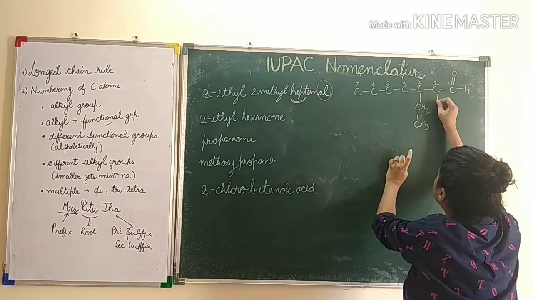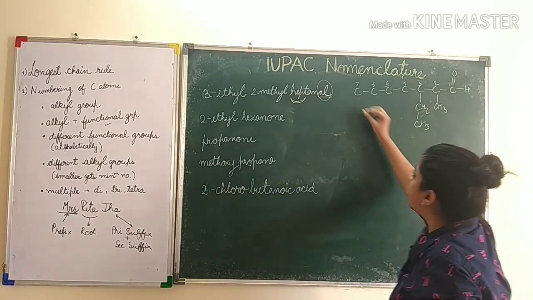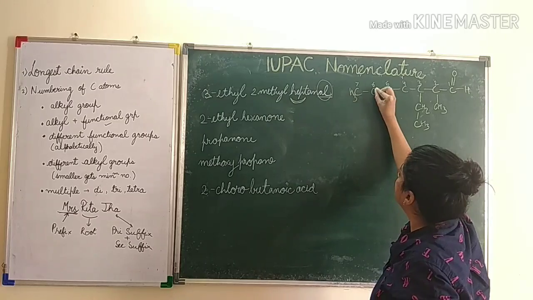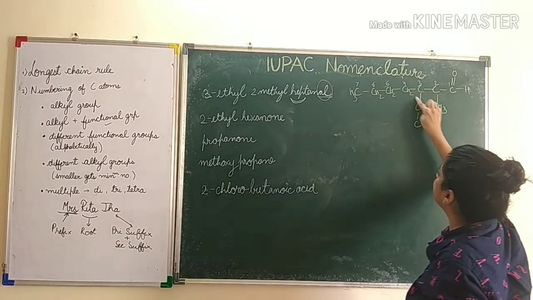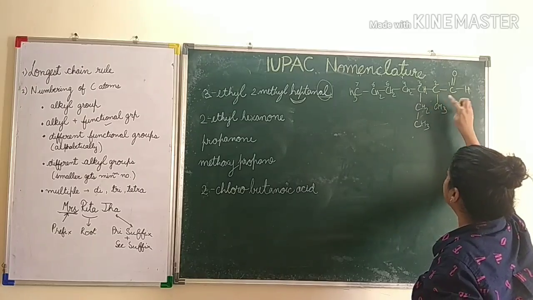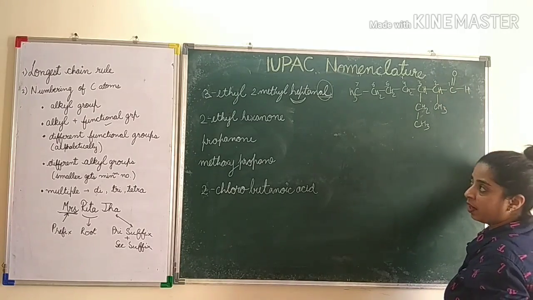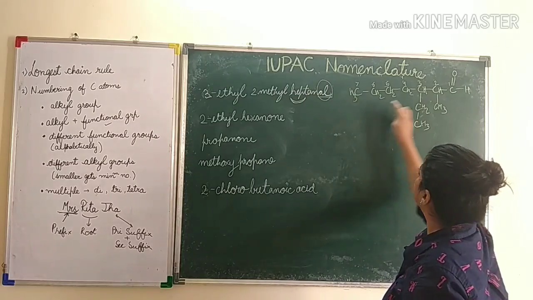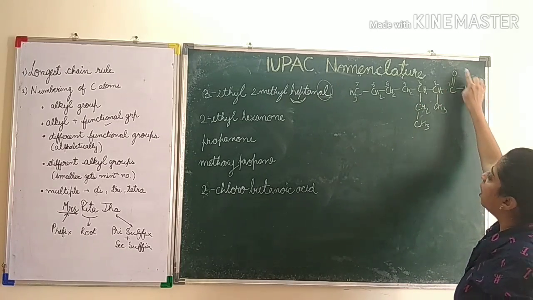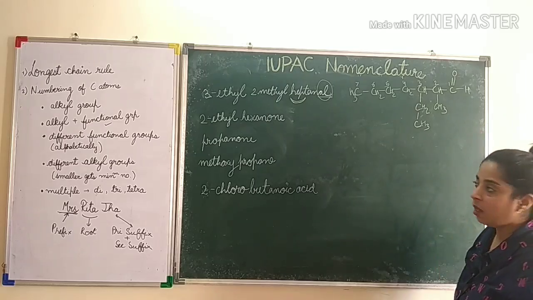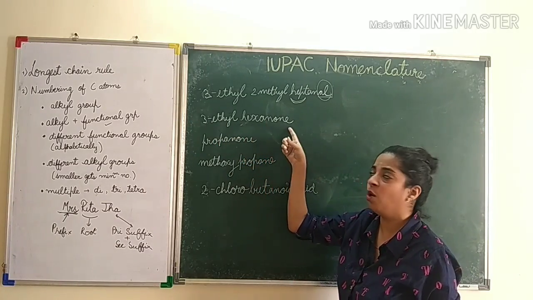So at 2 position you can write methyl and then satisfy the valency of carbon. यहाँ पे 3 already satisfied, so we'll write 1. 3 satisfied, so 1. All 4 satisfied. Right? So this is 3-ethyl-2-methylheptanal.